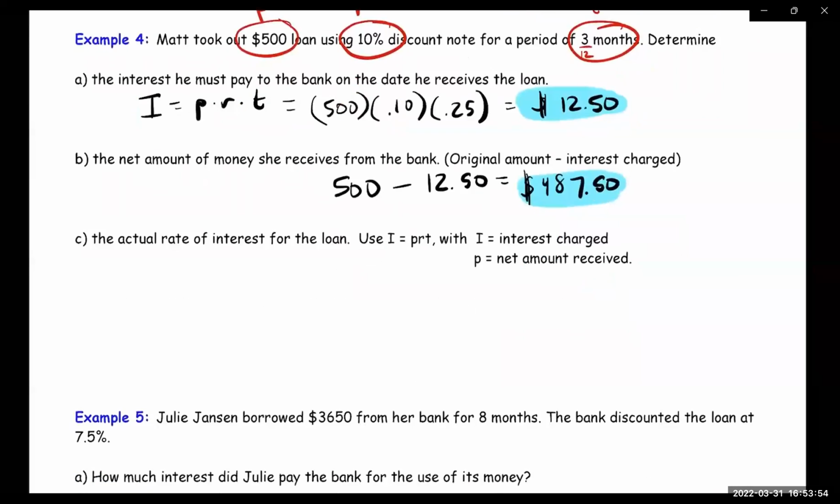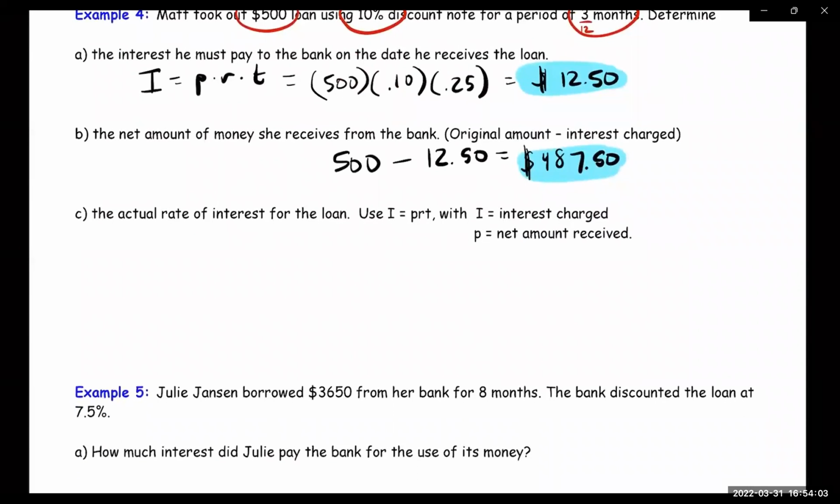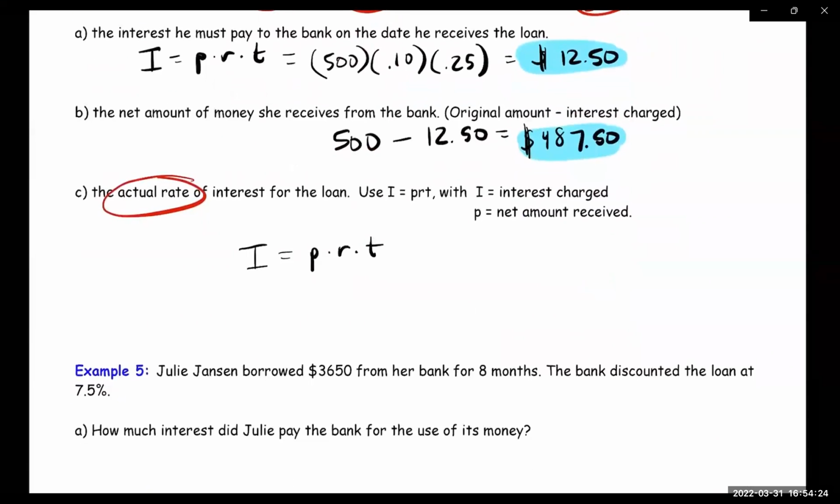All right. The actual rate of interest for the loan. Notice that they use the word actual. Actual rate is because you're not really going to get $500. You're going to get this amount. So this is your actual principal amount, and you're going to use IPRT. But the principal is not really 500. It's really this amount because that's how much you're actually given.